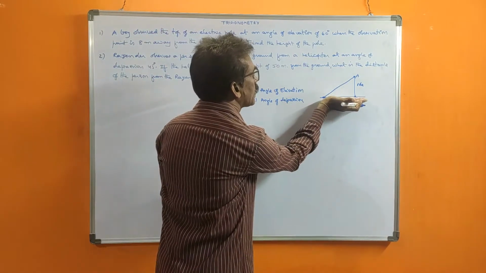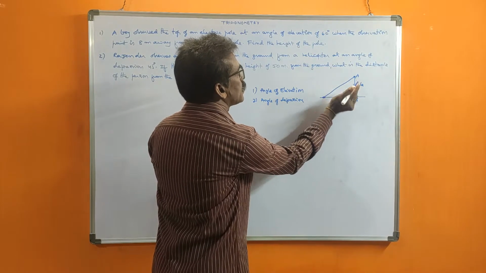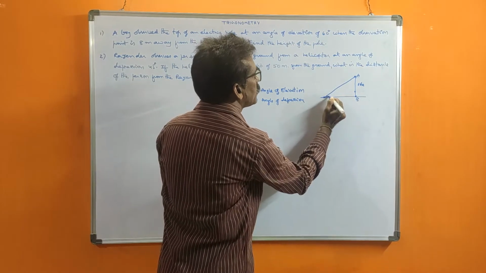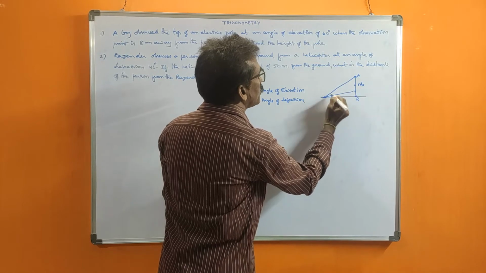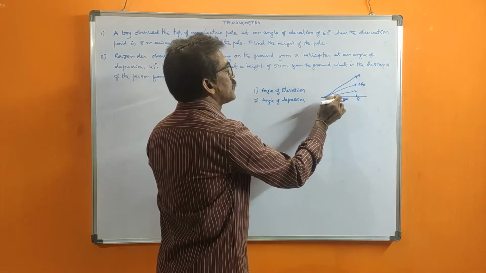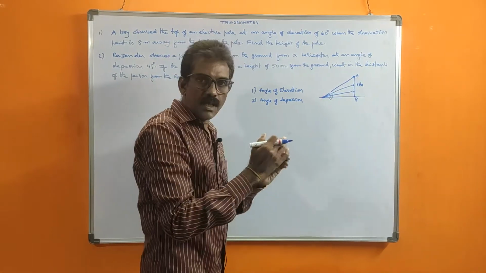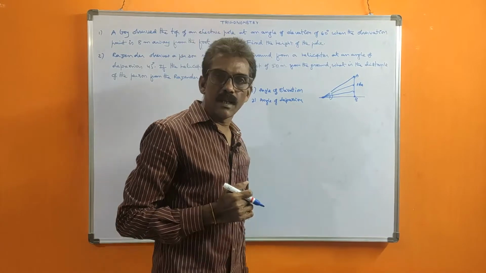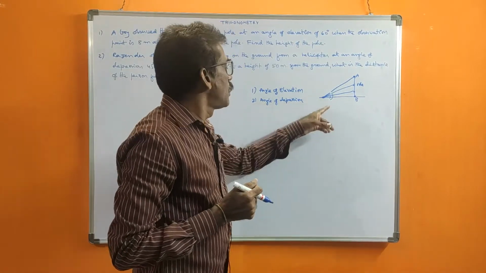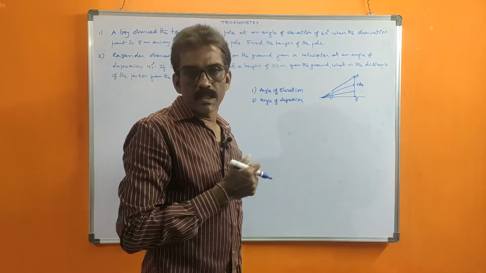This is horizontal; to see the top point, our eye moves like this. If the point is here, it makes this much angle; if the point is higher, it makes a larger angle. So as the height increases, the angle also increases. There is a relation between angle and height, and that is exactly trigonometry. So we can measure this angle by that instrument.